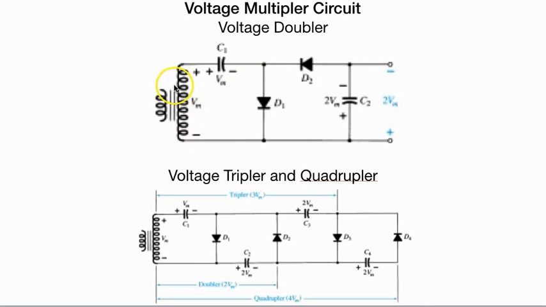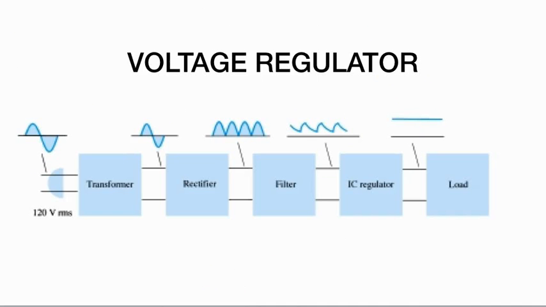However, when there is a negative voltage applied, then the diode D2 is short circuited and C2 rises to a potential of minus 2 Vm. This minus 2 Vm, which is double of that voltage, appears with a reversal in its phase at the output. Same goes with the tripler and the quadrupler.